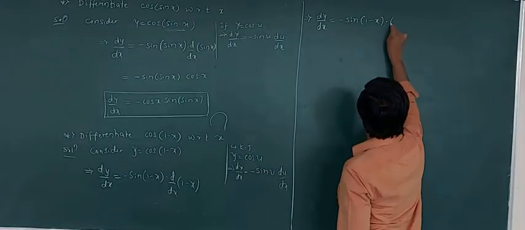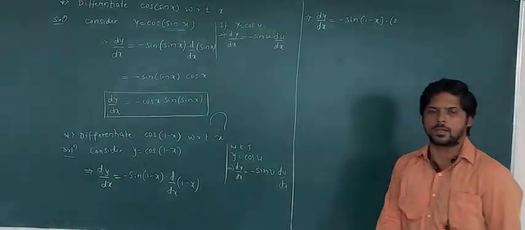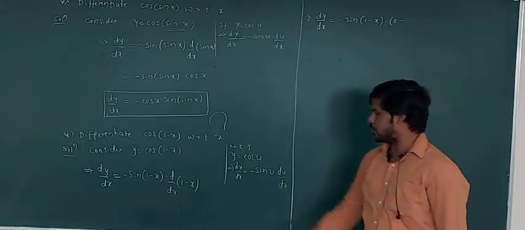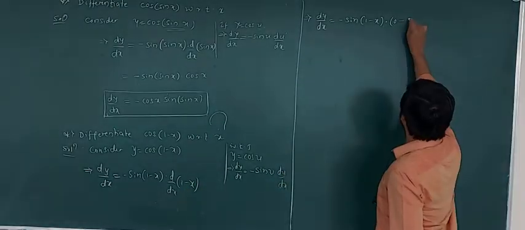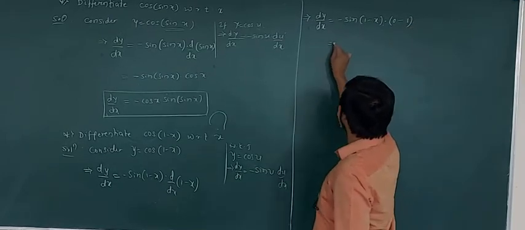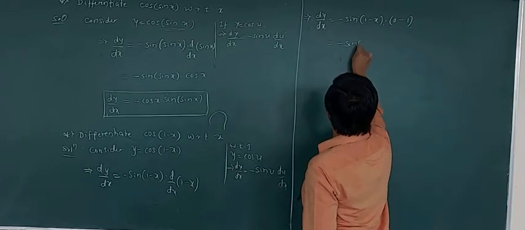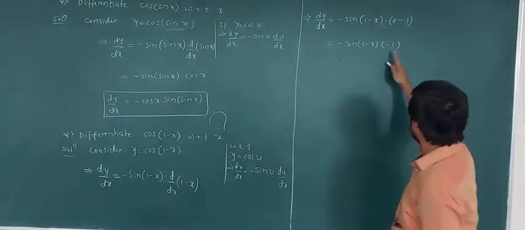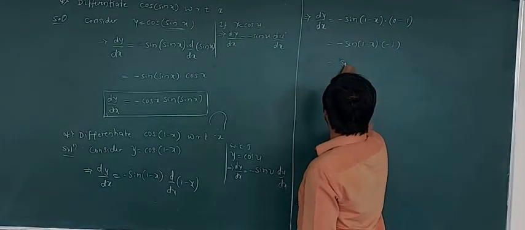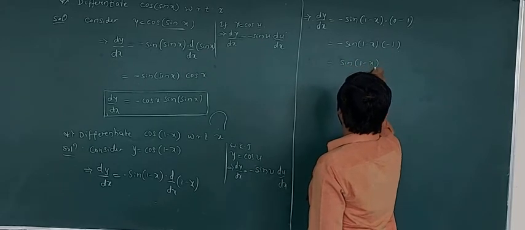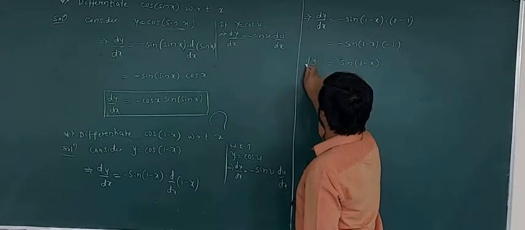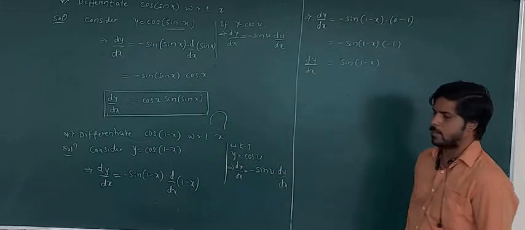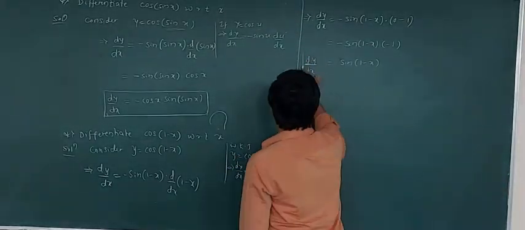Differentiation of 1 is 0 because it is a constant, and differentiation of x, so minus is there, so minus. Differentiation of x is 1, so 1. So this implies minus sin of 1 minus x into minus 1. So minus into minus, so plus, so this implies that sin of 1 minus x is dy by dx. Differentiation of cos of 1 minus x is sin of 1 minus x. So this is our solution.